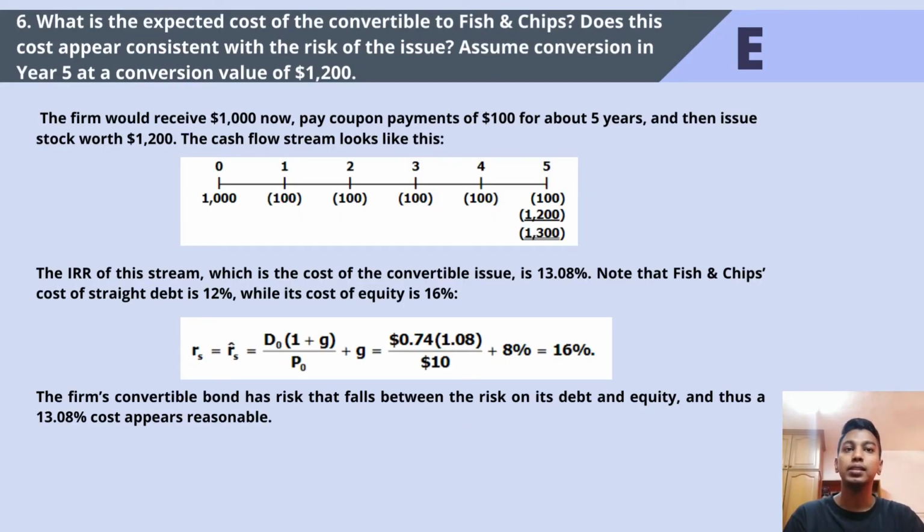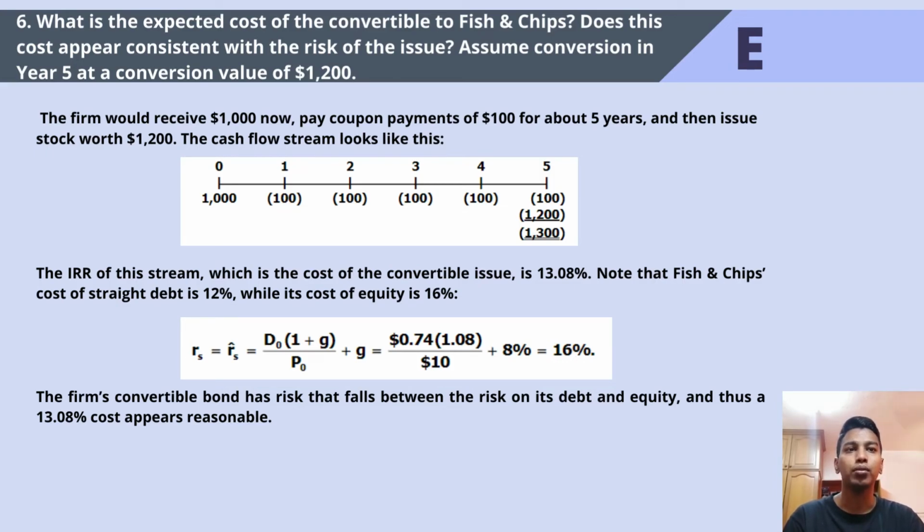Question number 6. What is the expected cost of the convertible to Fish and Chips? Does this cost appear consistent with the risk of the issue? Assume conversion in year 5 at a conversion value of $1,200. The firm will receive $1,000 now, pay coupon payments of $100 for about 5 years, and then issue stock worth $1,200.